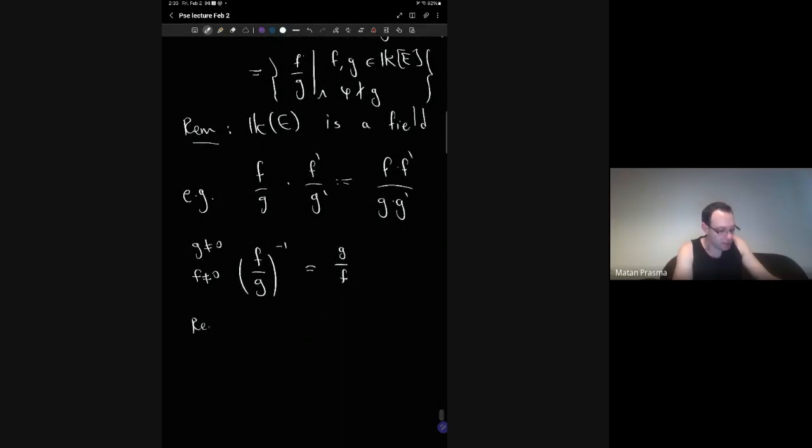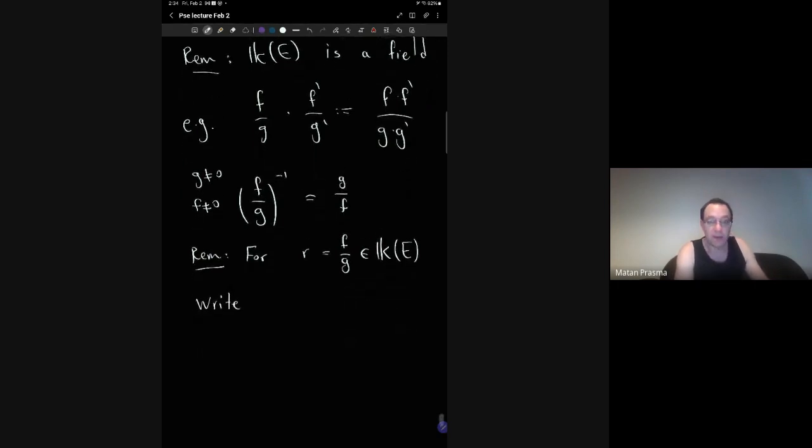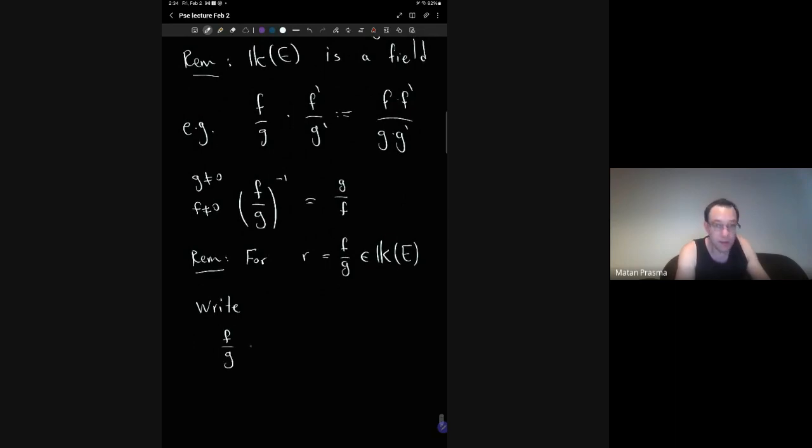As another remark, remember we had canonical forms for polynomials on E. But we can do canonical forms for rational functions on E. So let's say R equals f over g in rational functions over E. I can write f divided by g, and now I do the conjugate trick.